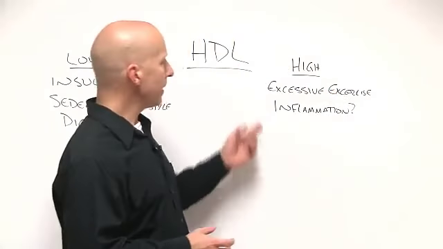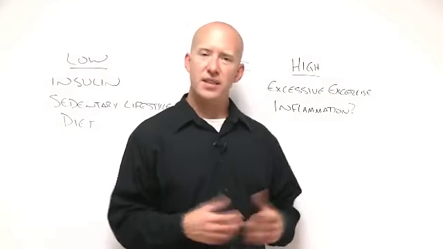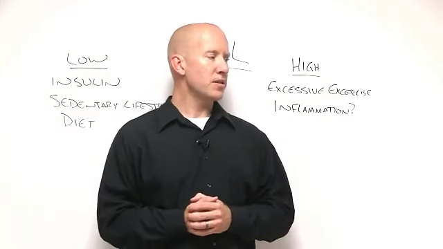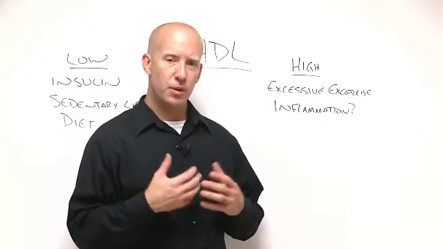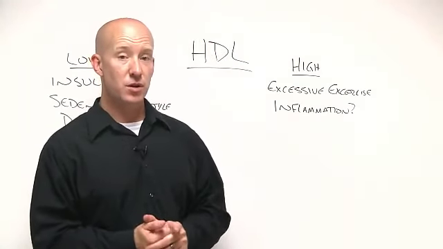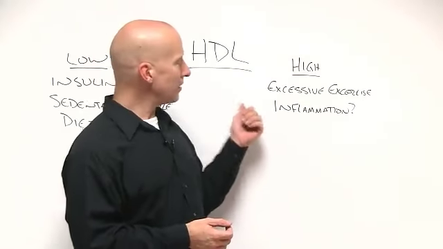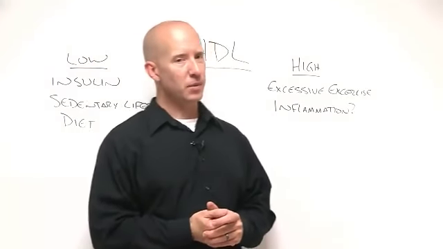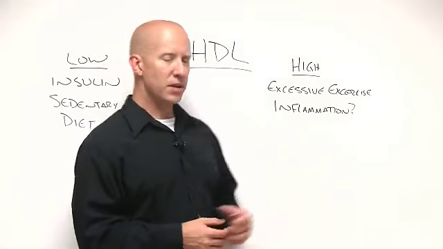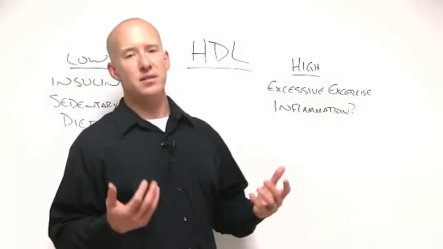So anyways, real quickly, HDL. A lot of people will say that you can't have an HDL that's too high. And again, looking at some of the recent studies and some of the pro-inflammatory, pro-oxidant capabilities of HDL in certain situations, I do think that there are times when HDL could be too high, that maybe it could be pro-atherogenic, for example. One of the times that you'll definitely see high HDL is somebody that excessively exercises.